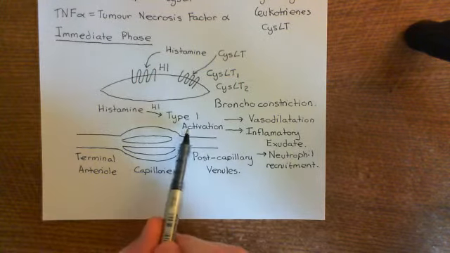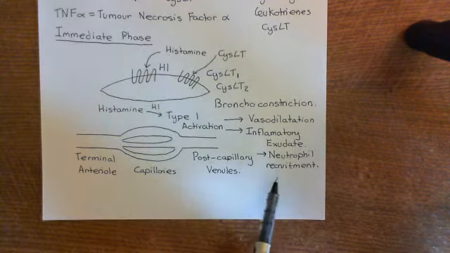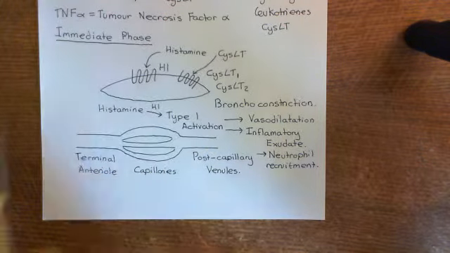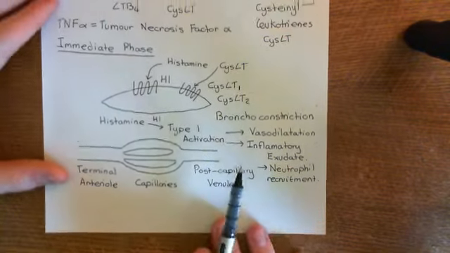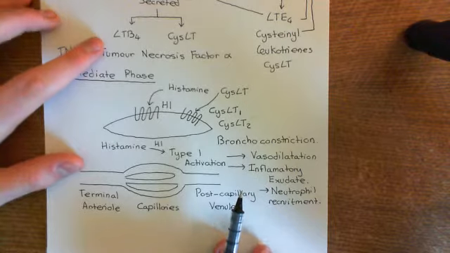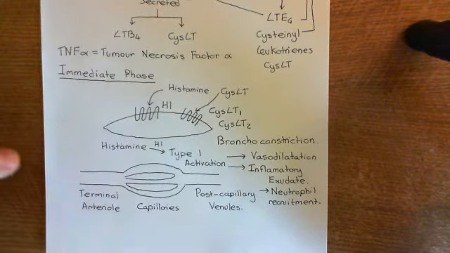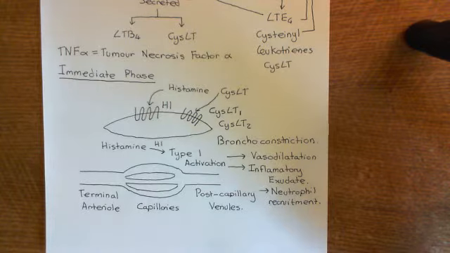So histamine leads to type 1 activation, which would lead to neutrophil recruitment anyway, but if you've got leukotriene B4 as well, then that's going to massively increase the number of neutrophils that you recruit. So if you have very high leukotriene B4 levels in the interstitial fluid somewhere, that leads to a huge number of neutrophils ending up at that site.